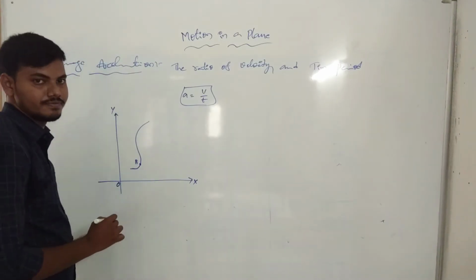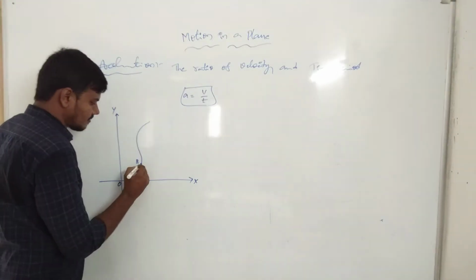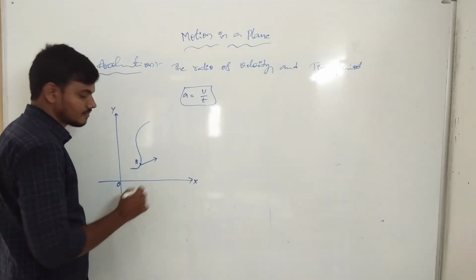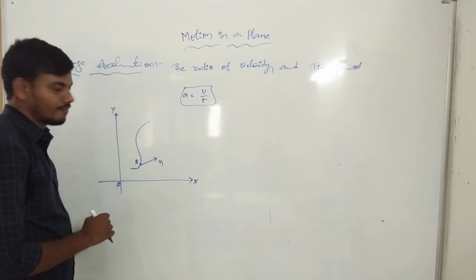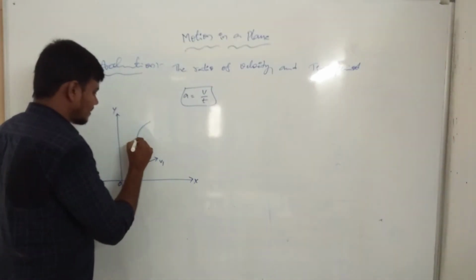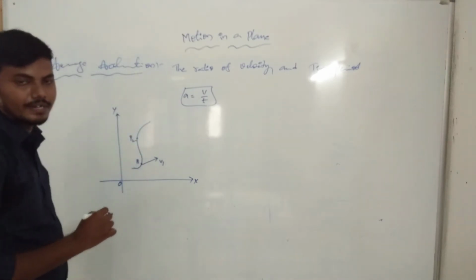At position P1, the velocity is v1. Now the secondary position is also applicable. Here this is the secondary position, P2.